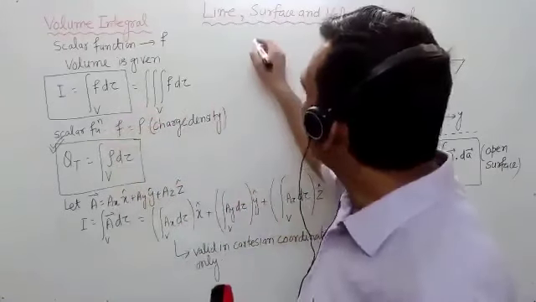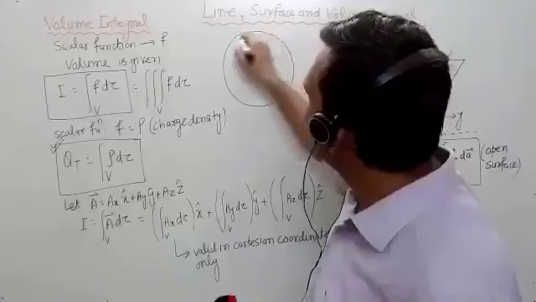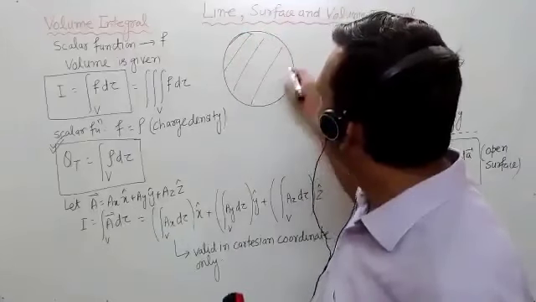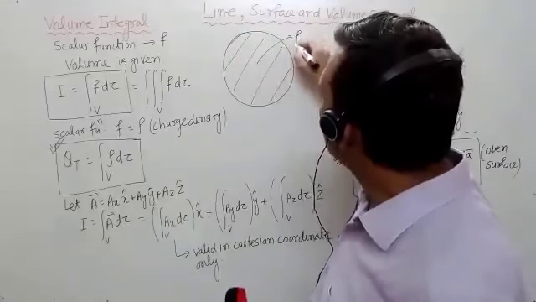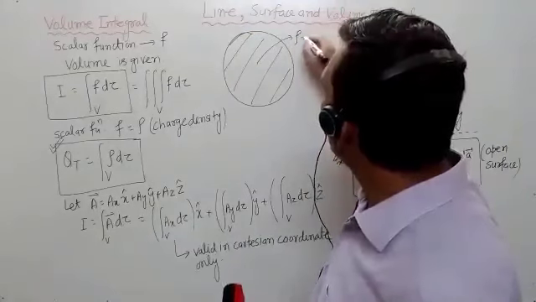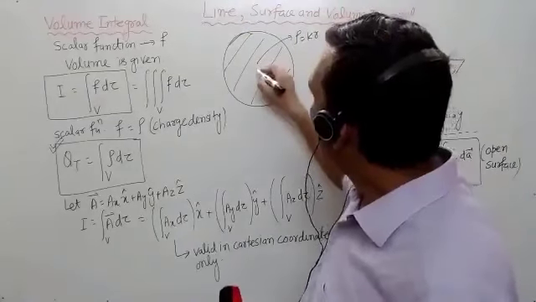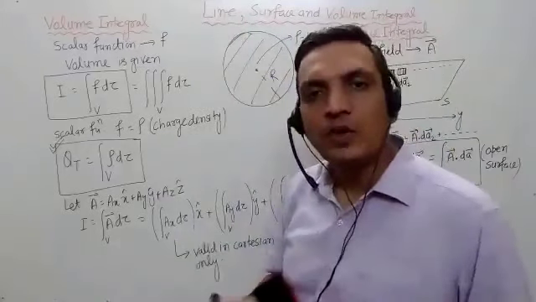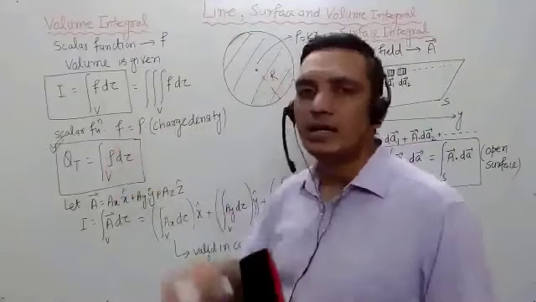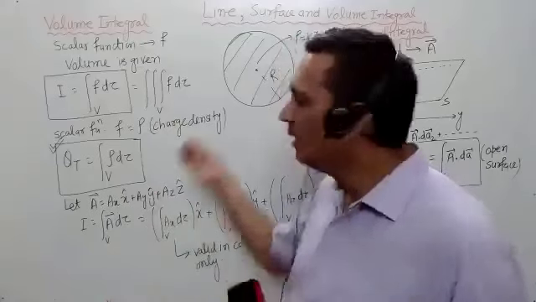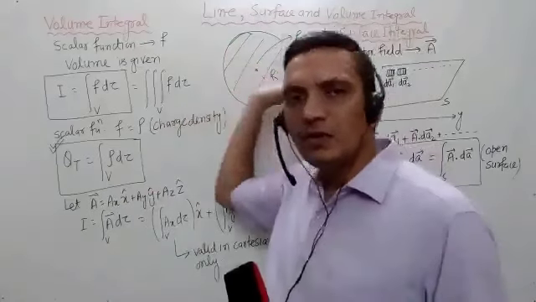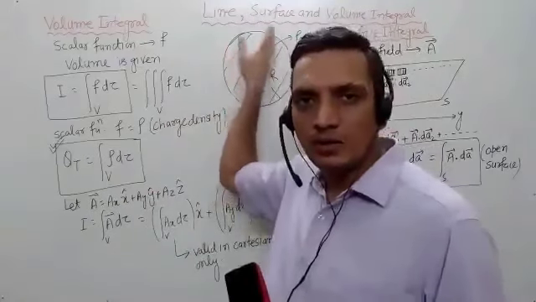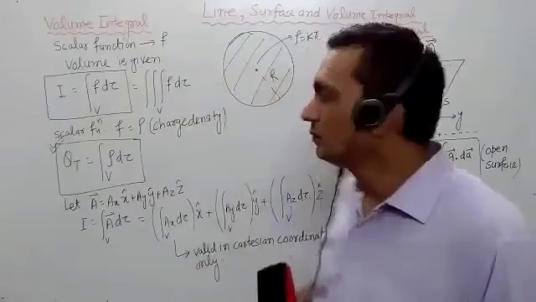For example, say you have a dielectric sphere, and its charge density rho is some value k into r, and you have to find the total charge in this dielectric sphere. So what you will do is find the volume integral. I have taken one example, and we will calculate this when we talk about electrostatic Gauss law. Is it clear? Okay. Thank you, sir.